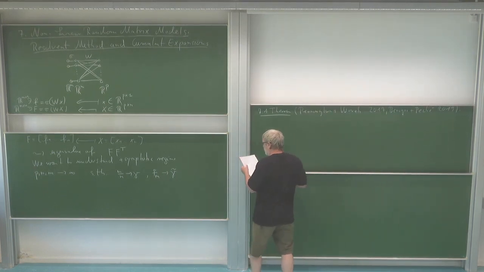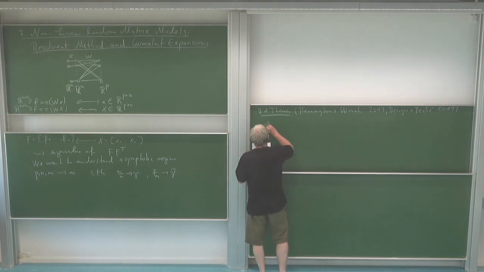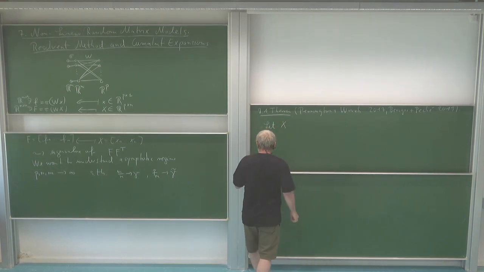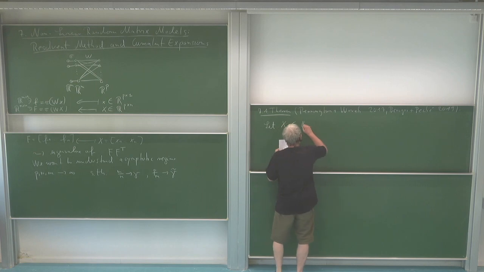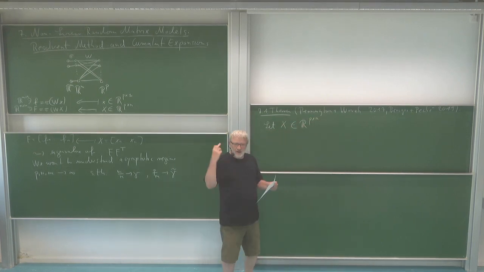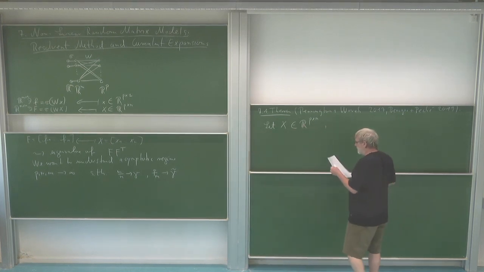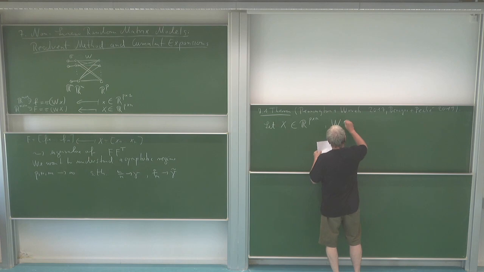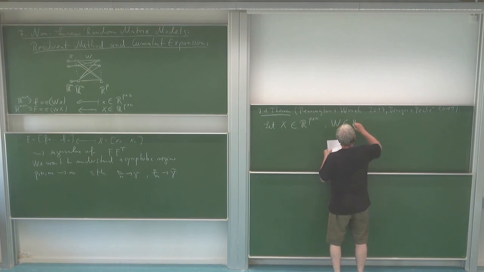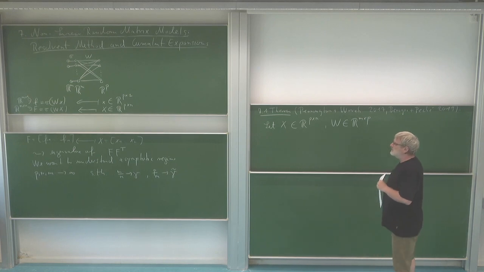So it's about this situation. Let me collect again what we are talking about. We have our data matrix X, which is a P times N matrix. And then we have this W, which are the weights in our neural net. So W is an M times P matrix. So it maps a P-dimensional vector into an M-dimensional vector.